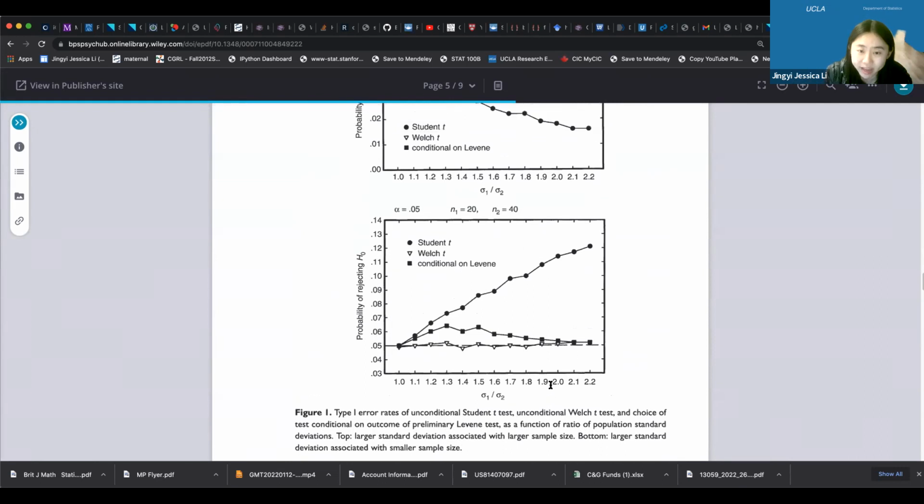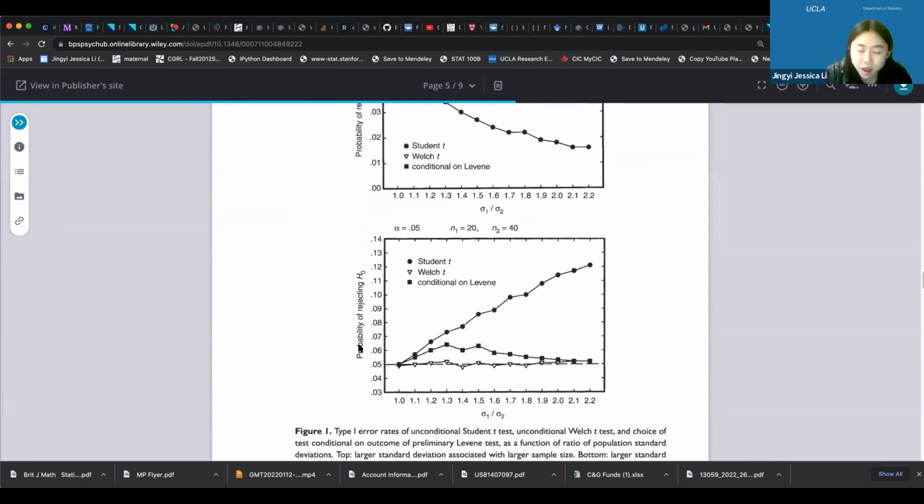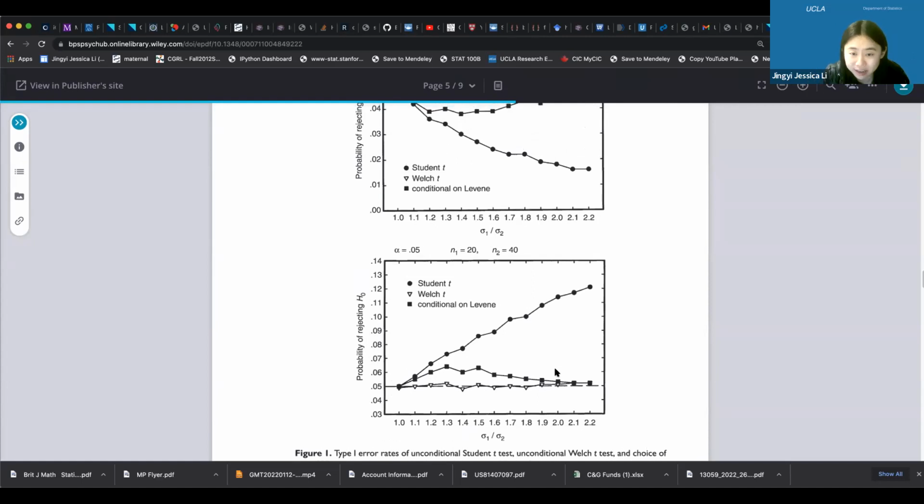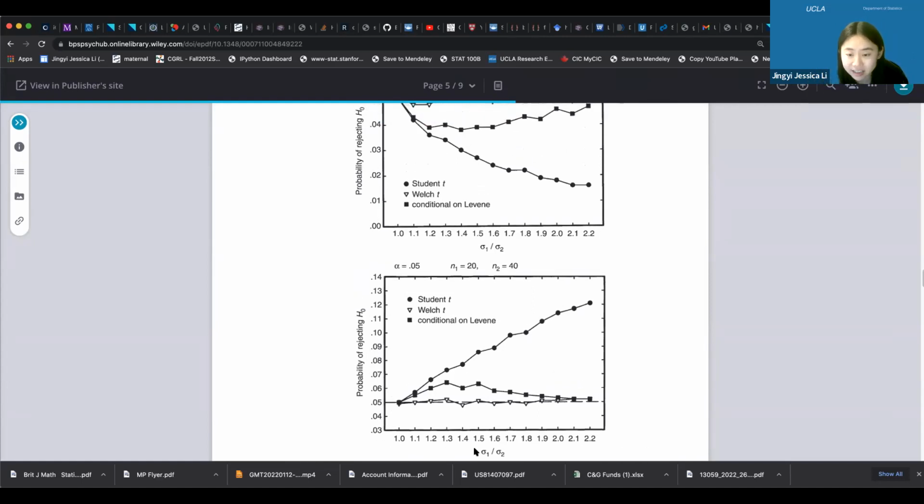But anyway, you know here, the probability of rejecting the null should be 0.05. And if you have this line lying above the horizontal line, it means that you fail to control the type 1 error. So basically, you can see that the t-test doesn't work, okay?